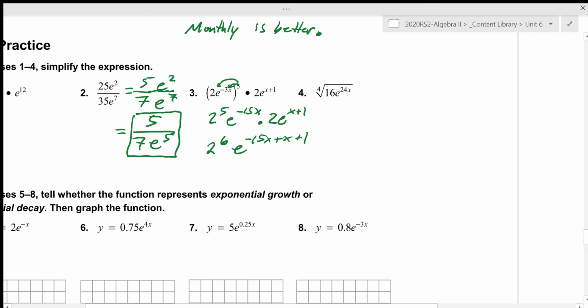You can add the exponents because you're multiplying the same base. And then 2 to the 6th power is 64. And negative 15x plus x would be negative 14x plus 1.